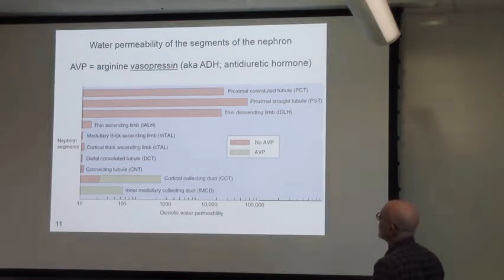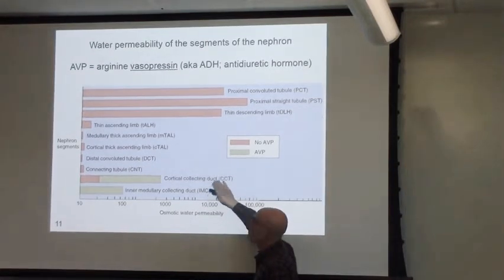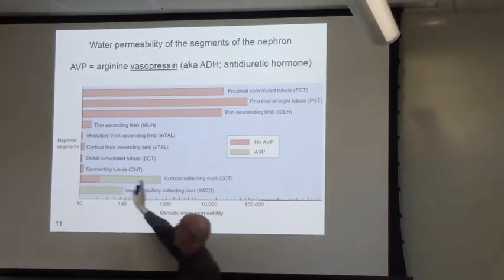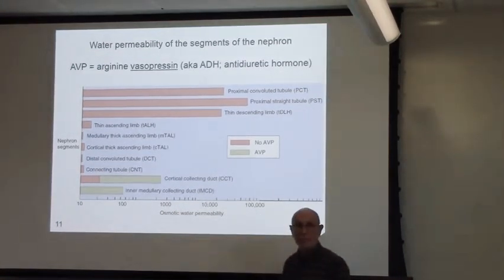Other parts, especially the distal tubule, have low water permeability. So the hypotonic fluid leaving the loop of Henle stays hypotonic in the distal tubule. But now we're getting to the interesting thing. Well, this has all been pretty interesting. Now we're getting to the payoff. And that is in the collecting tubule, we have variable water permeability depending on vasopressin.